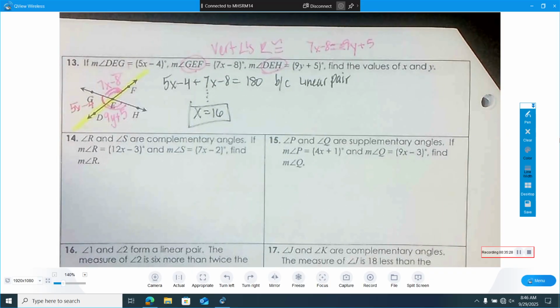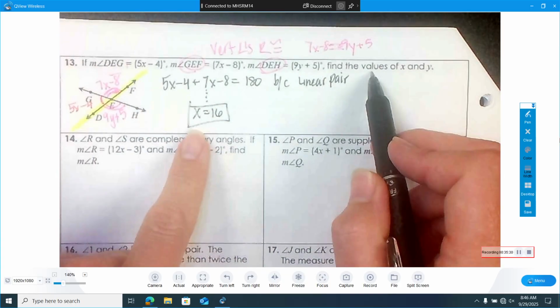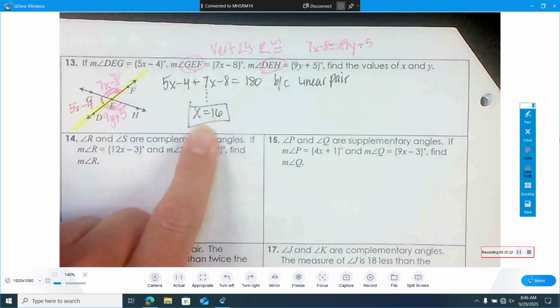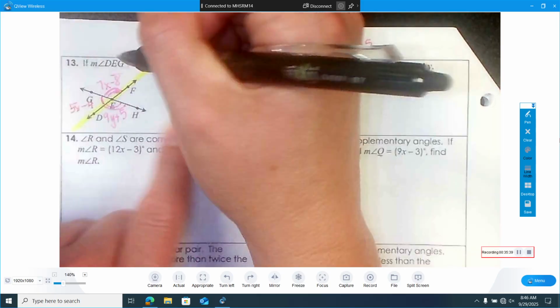Now, we need to find the values of x and y. So if I know that x is 16, what should I do? Yeah, we can plug it in.